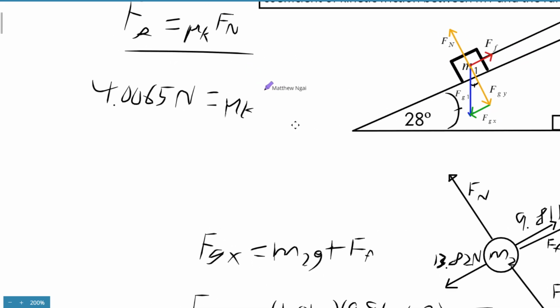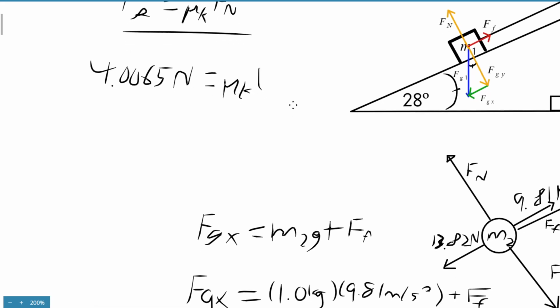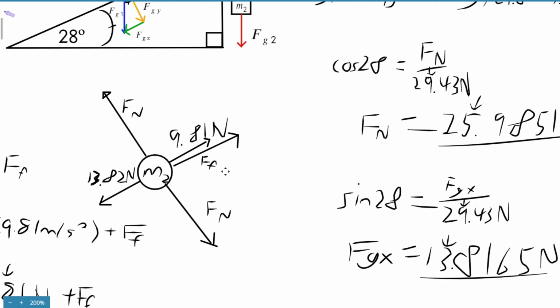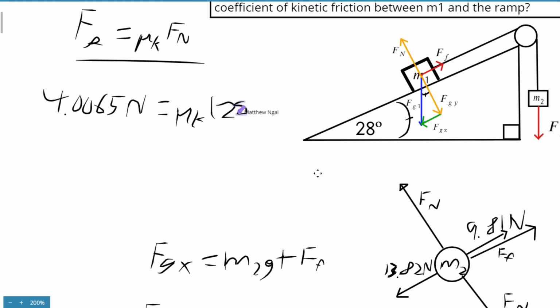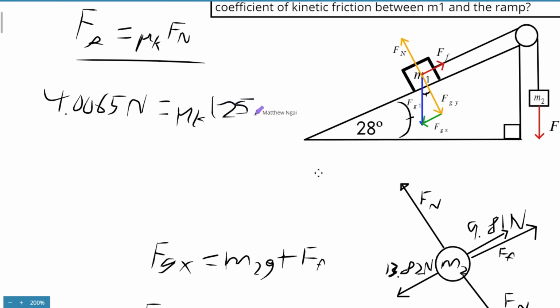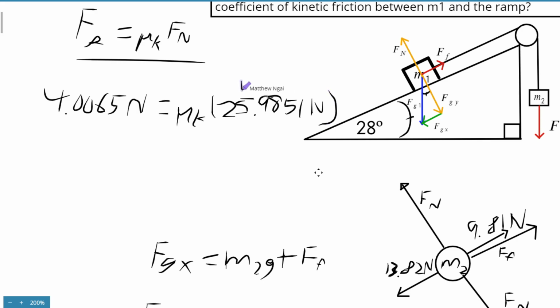So Fn, we found it over here. That is 25.9851 newtons with a sig fig on the 5.